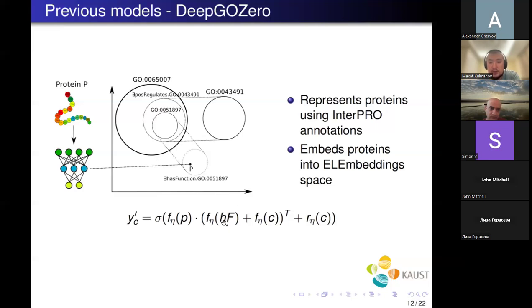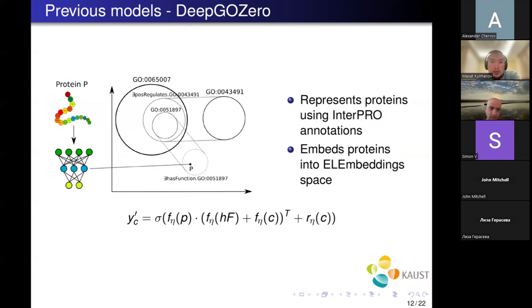So this is the relation embedding, class embedding, and then the dot product of it to the protein plus its radius, and then the sigmoid activation function as a score, prediction score. And then we optimize this model jointly when we train the EL embedding, end-to-end. So optimize the big loss function together with EL embedding loss functions together.